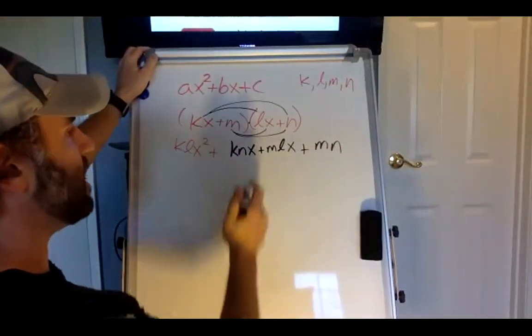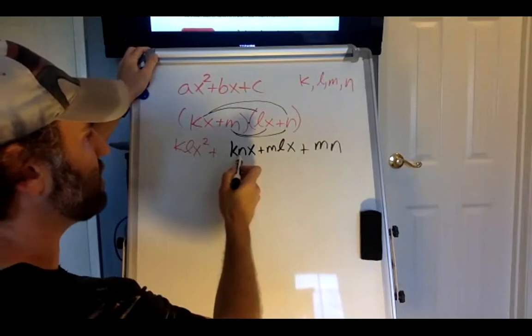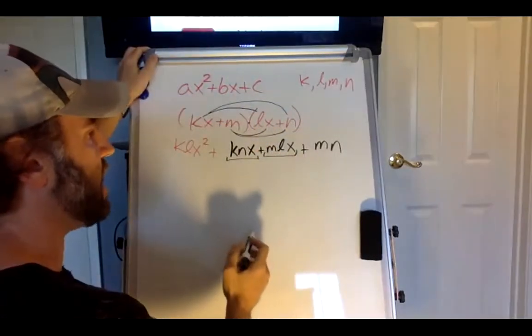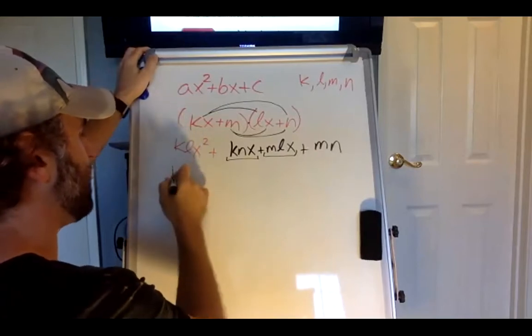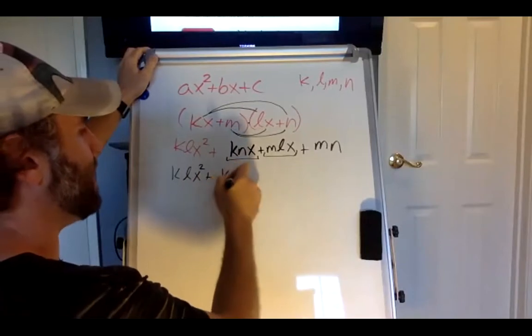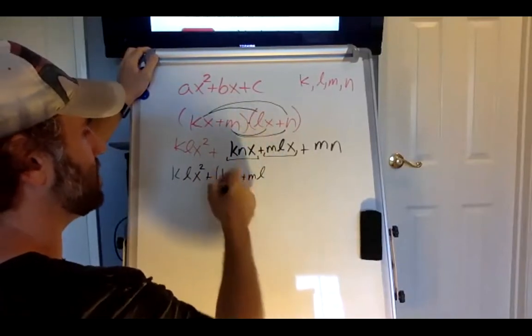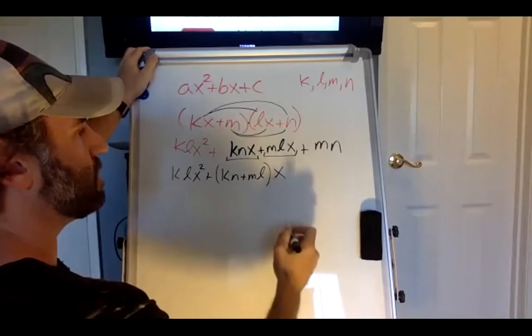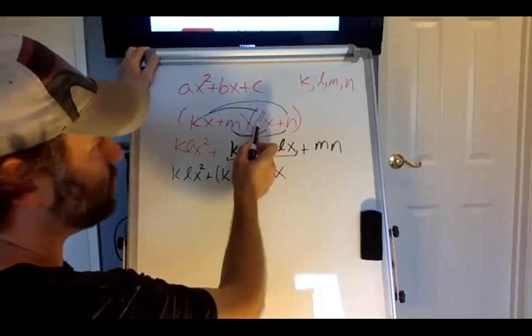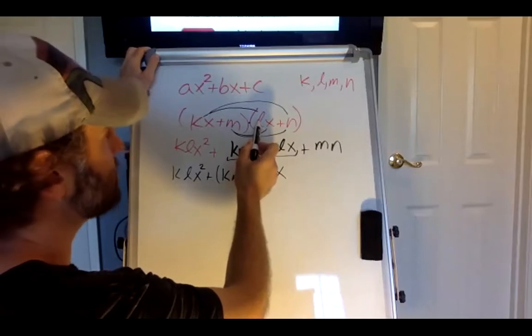Since both of the middle terms have x, you can factor out the x. So you have klx squared plus (kn plus ml)x. What is the l? It's some coefficient of x there, which could be 1 or something else.